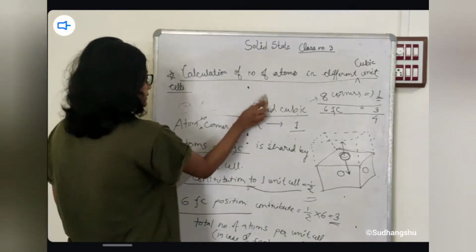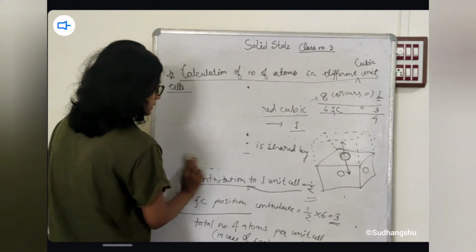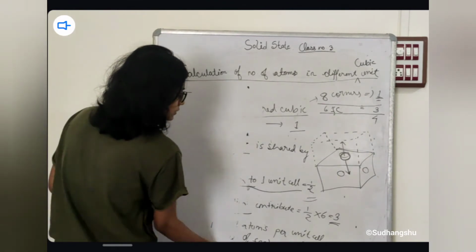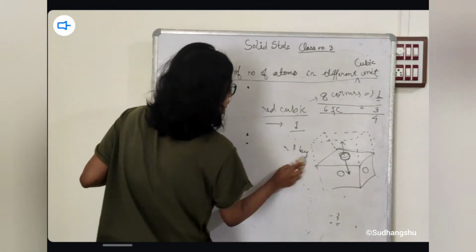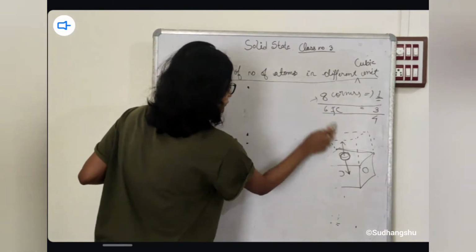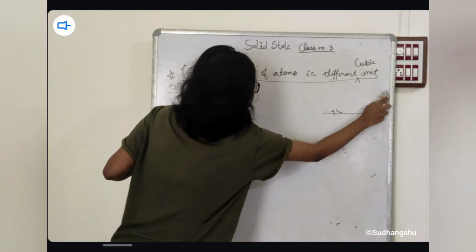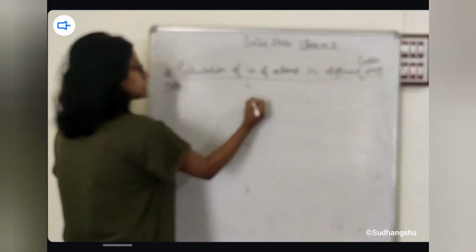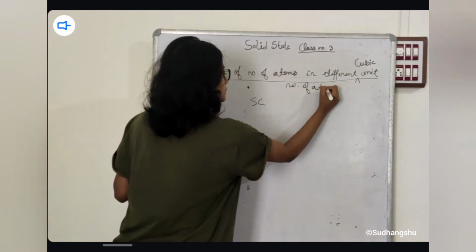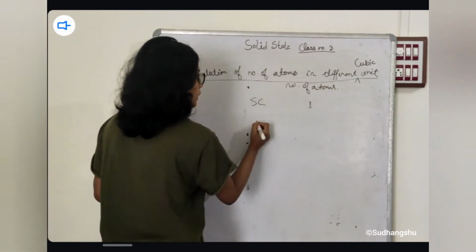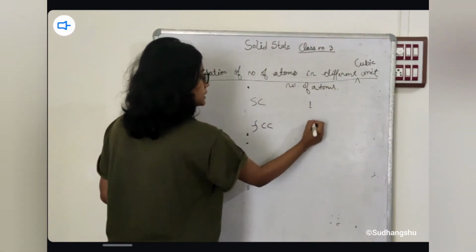So we get 3 things, right? First one is for simple cubic. Here the number of atoms is 1. For FCC it is 4.